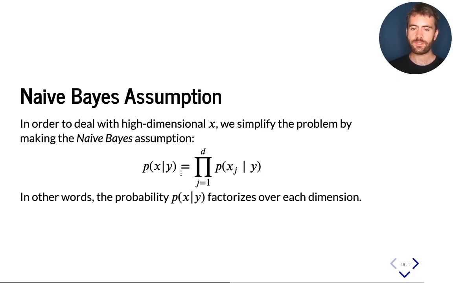What this means is that the probability of having a particular x given a y is simply a product of d probabilities, and each of them is simply the probability of one component given y, and this is independent of all the other components.